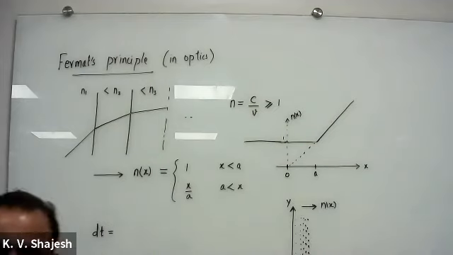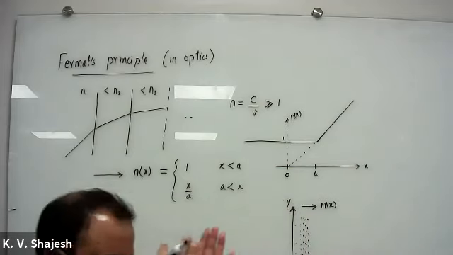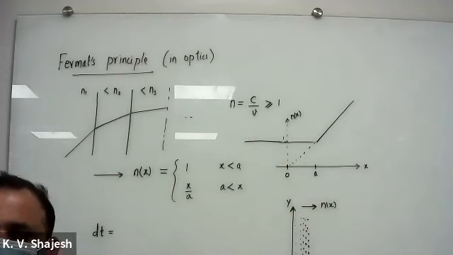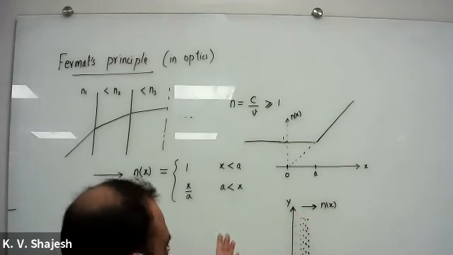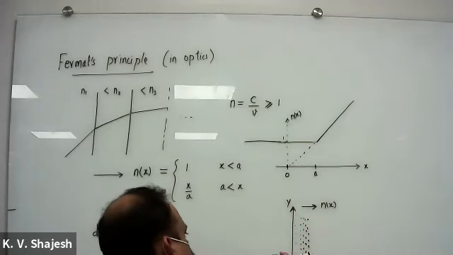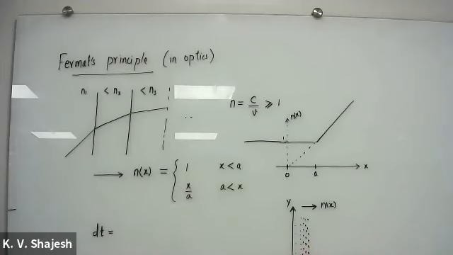Stratified means there is a planar symmetry. Like in the YZ direction, there is nothing happening. So the density is the same except in the X direction where it increases. So there is a YZ symmetry.